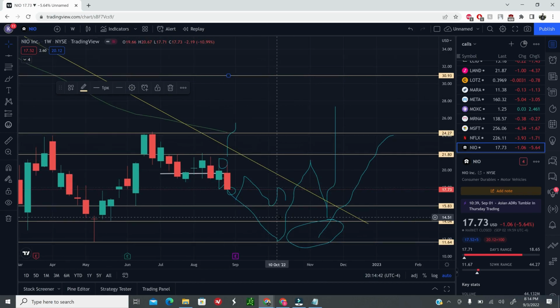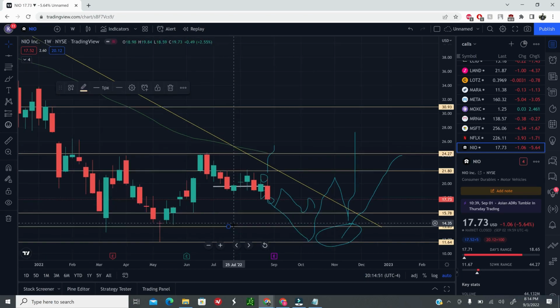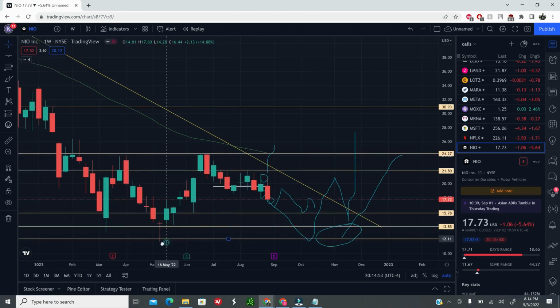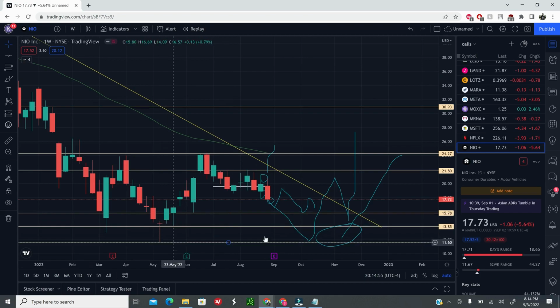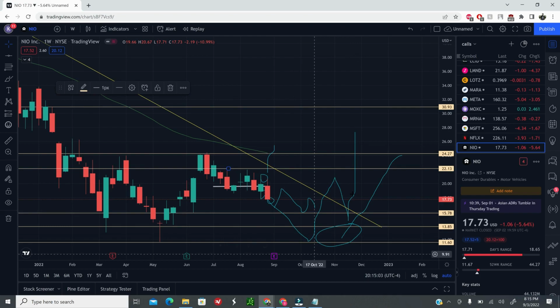We do not know how far, but the next bounce would be around $16. If that breaks, you have to keep a watch out for $14, and if that breaks, clearly the recent low will be your next buy zone. And the targets are clearly set up here. $21, $22 is going to act as the first resistance unless we see other pivots here.